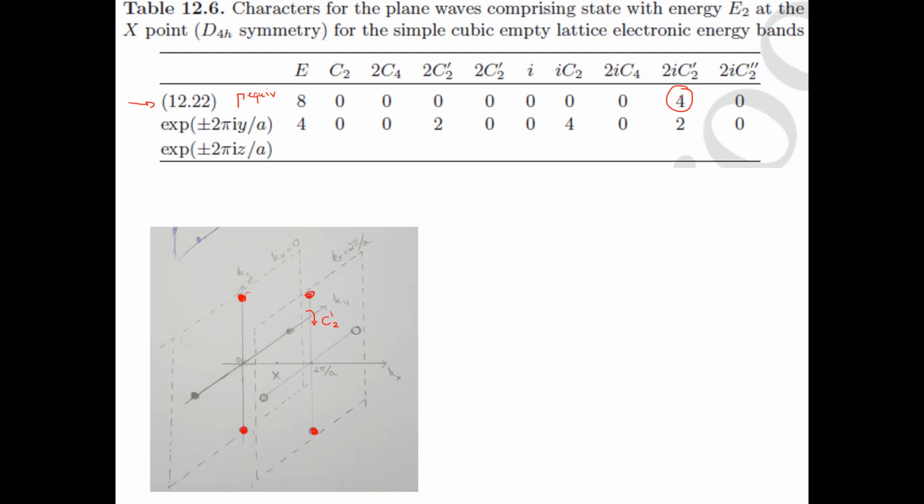All right, so this is basically repeating what we did last time, but it's a slightly more complicated case because we have more plane waves to consider, but essentially it's the same thing we did last time. And then the next step would be to decompose that into irreducible representations of the group of the wave vector.